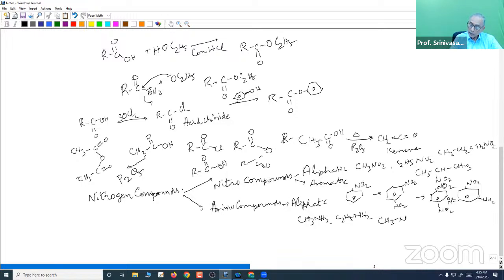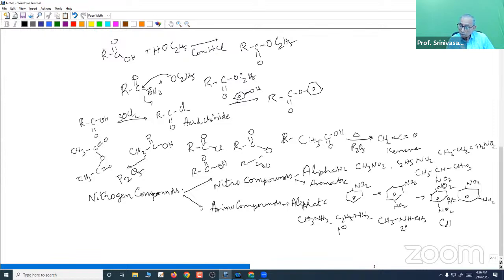If you have an amine where the NH group is connected to two alkyl groups, it also comes in aromatic chemistry. In aliphatic chemistry, this is dimethylamine. This is called second degree or secondary amine.